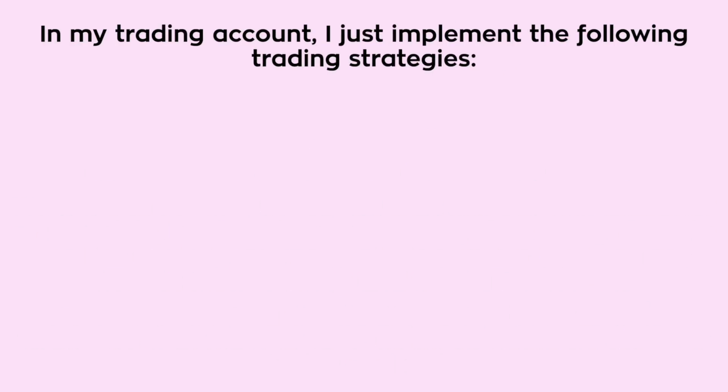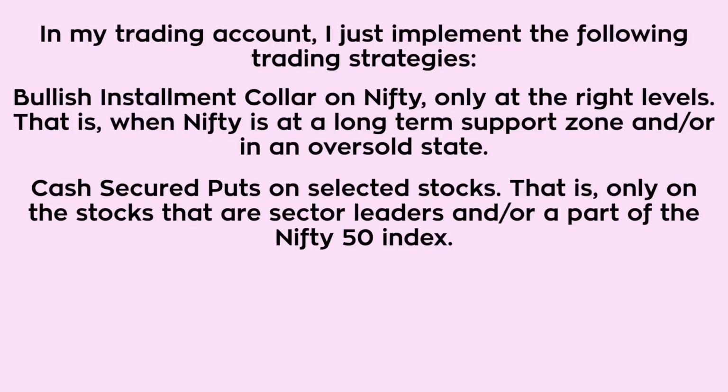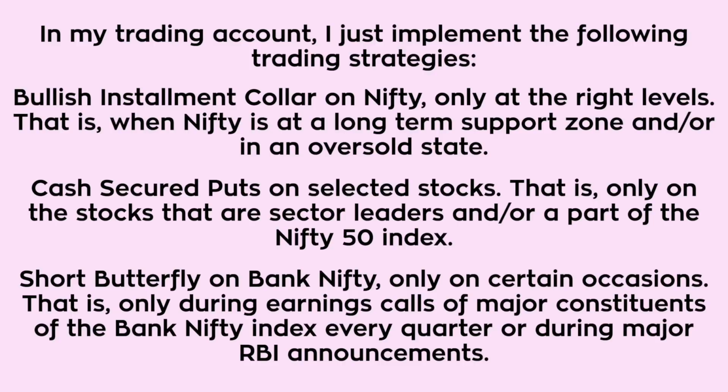In my trading account, I just implement the following trading strategies: bullish installment collar on the Nifty 50 index, only at the right levels, that is, when Nifty is at a long term support zone and or in an oversold state.